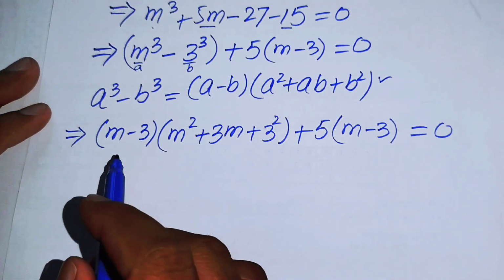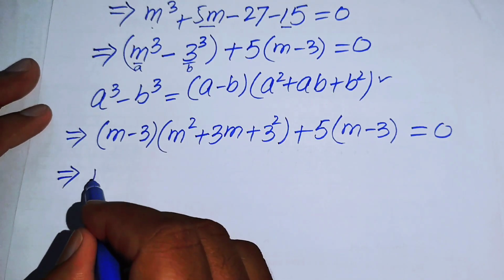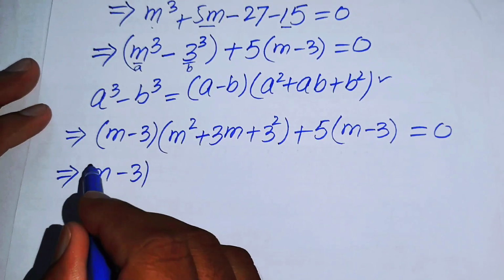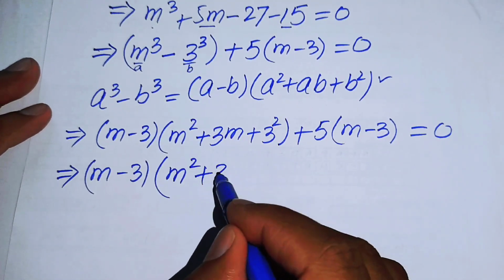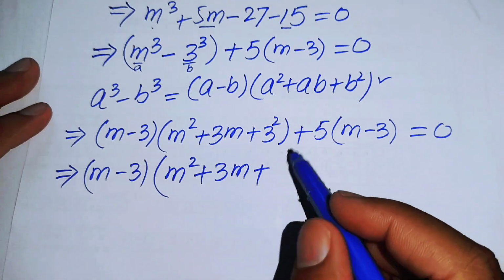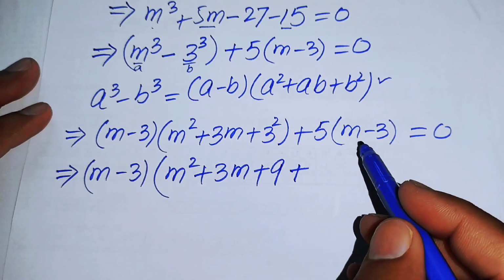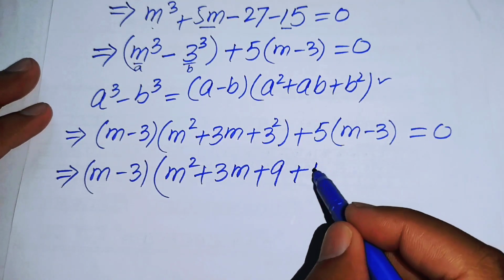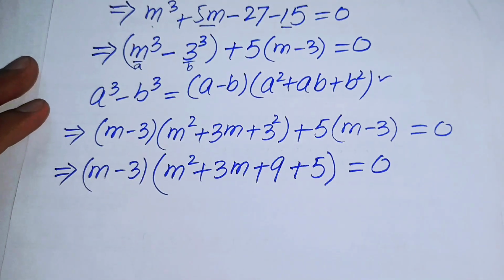After that we can see here m minus 3 will be present on both of the terms, so we will take common and we get m minus 3 times of, here you have m square plus 3m plus 3 square, and 3 square is equal to 9, and plus here you take common m minus 3, and here we get plus 5 is equal to 0.